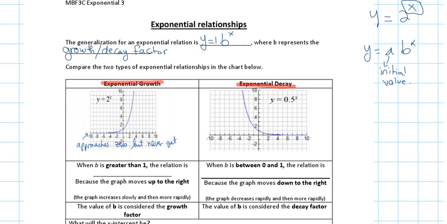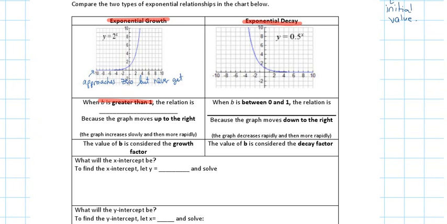If b is greater than 1, then the relation is growing. And when b is between 0 and 1, then the relation is decaying.